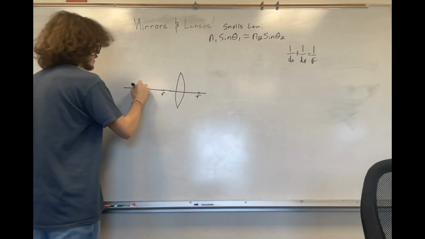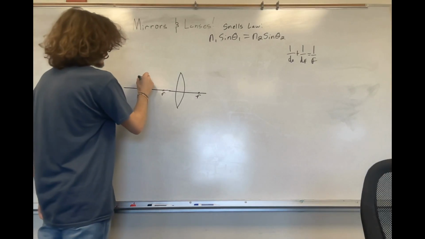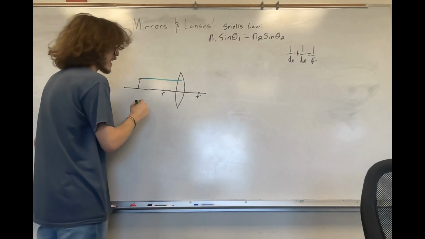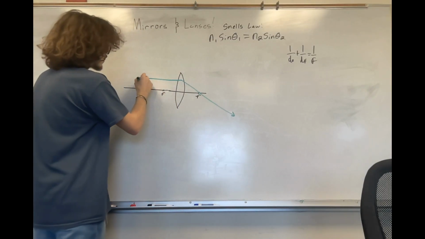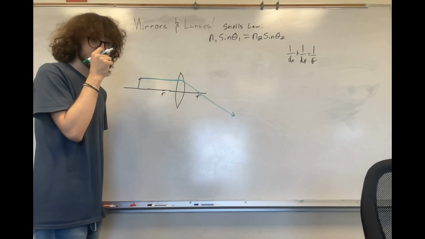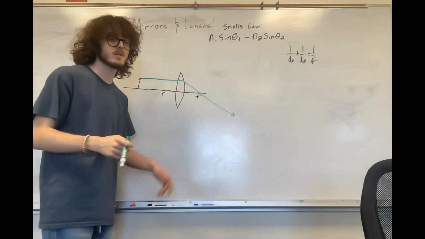And let's put an object, sorry, right here. When you have your principal axis ray, it converges to the focal point. And here's an important point, I won't go ahead and prove this, but please prove this to yourself with the laws of refraction.